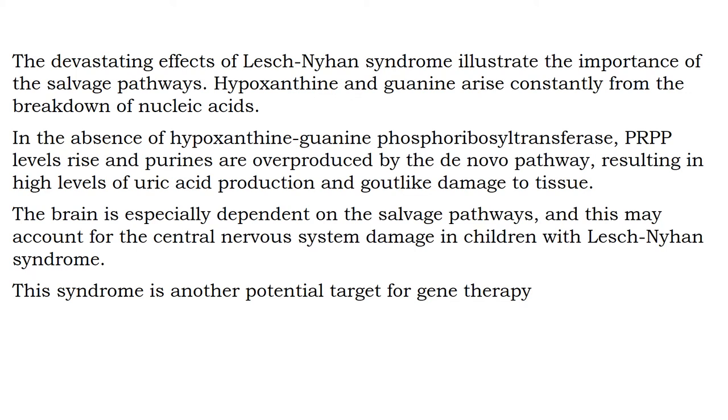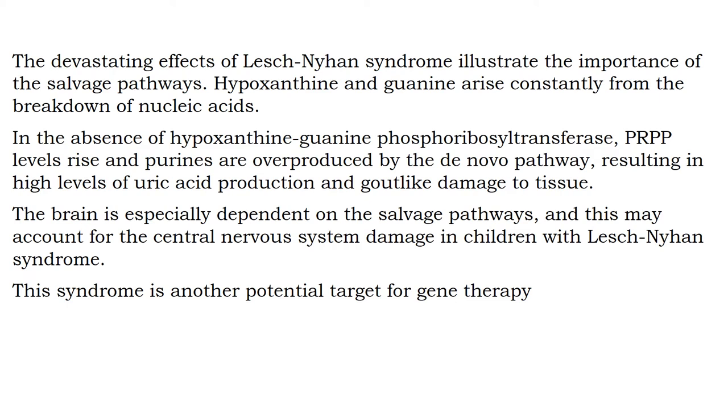So there are certain devastating effects if we are lacking this enzyme, that is in Lesch-Nyhan syndrome. The importance of the salvage pathways will be lost, and this hypoxanthine and guanine rise constantly from the breakdown of nucleic acids, and if there is an absence of this enzyme, then even the PRPP levels will increase, because the salvage pathway would have used these two to make new nucleotides.